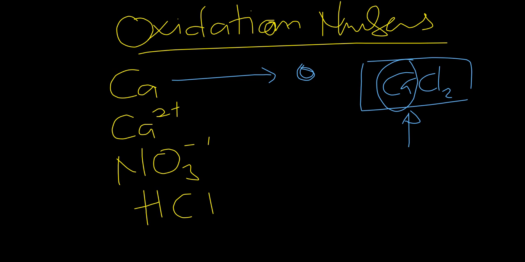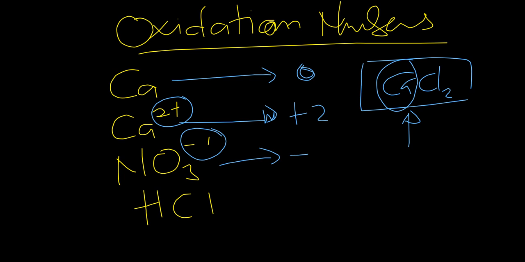Like in this case of this calcium atom which has a charge of zero. The charge of the calcium 2 plus, this is very clear, it's plus 2. What about this complex ion? It has a charge, it's very clear, it's written there, it's minus 1. Then what about the HCl? The HCl is a molecule or a compound. Usually, the charges of compounds are written as superscript at this top position.